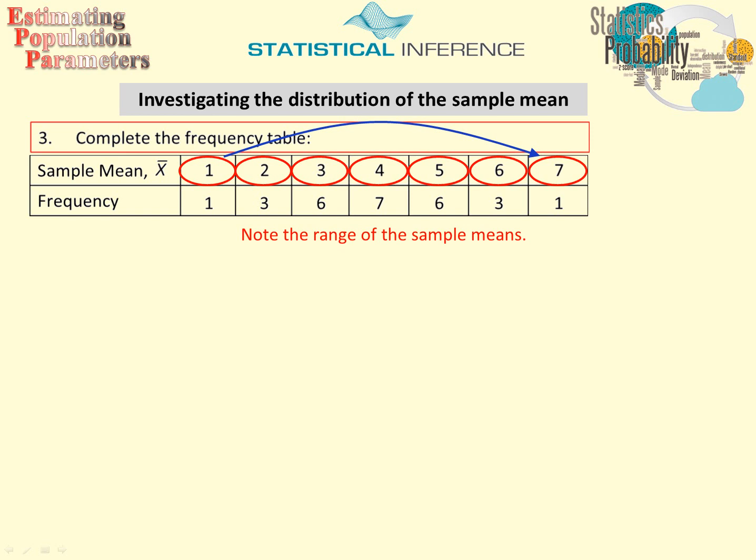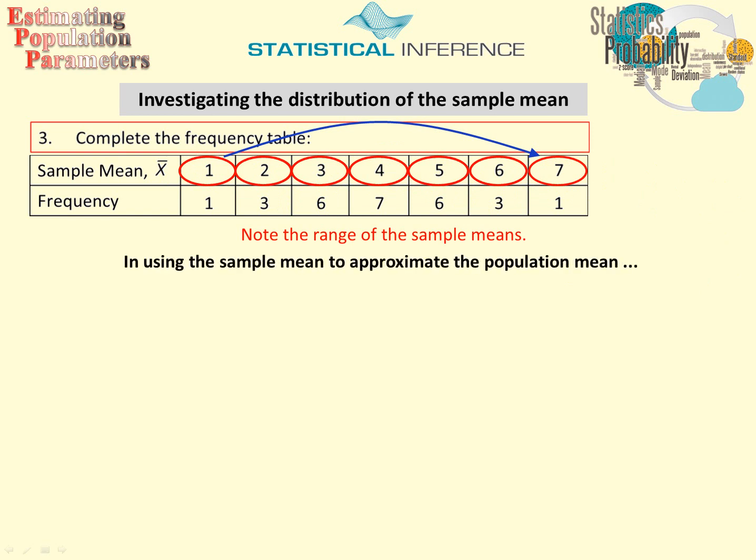Note the range of the sample means, from 111 up to 777 and anything in between. So now if we had to try to use that to estimate the population mean, we'd have a bit of a problem. The population mean is 4, but look at all the others.